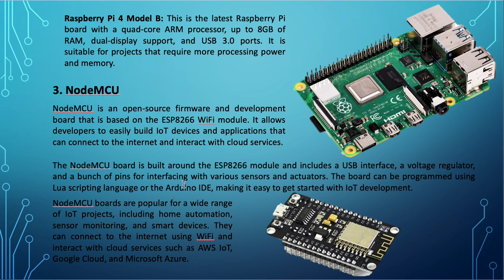The boards can be programmed using the Lua scripting language or the Arduino IDE, making it easy to get started with IoT development. The Arduino IDE is the most commonly used for programming, so we can use the same to program this as well. We can see there's a micro USB, the pins, a processor, and an antenna for Wi-Fi connectivity on that board.